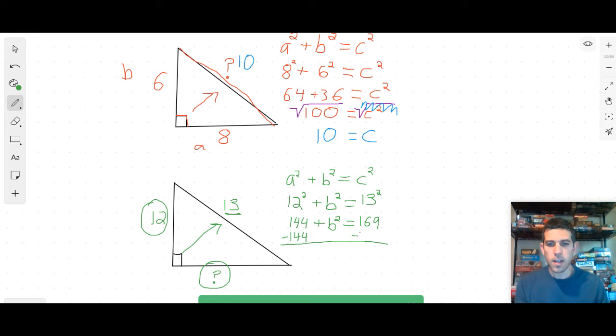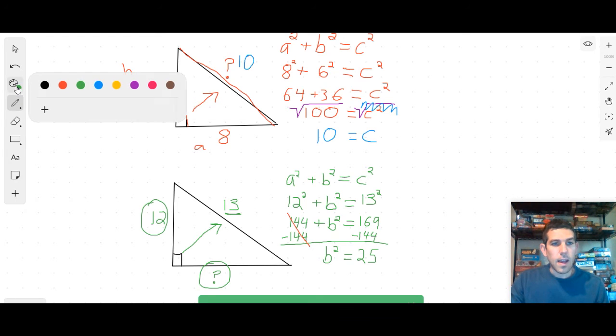I can subtract 144 from both sides. That's great because that will eliminate the 144 on the left side, and it will leave only the B squared on the left side. I'm starting to get things away from my variable. Now 169 minus 144 will leave us with 25.